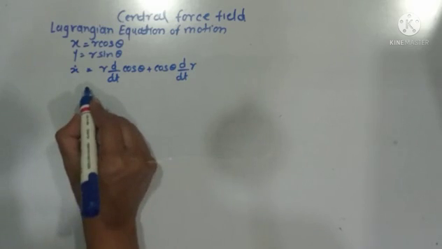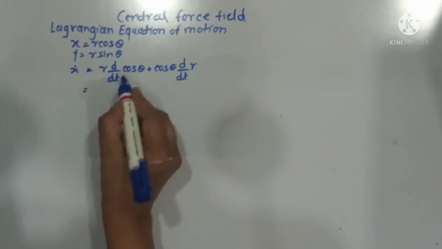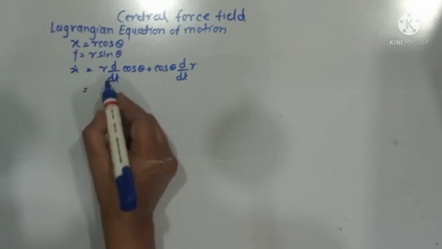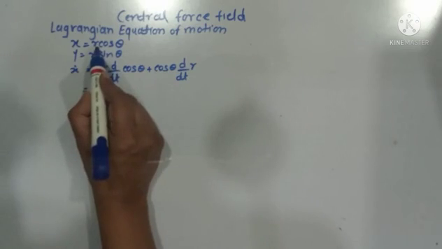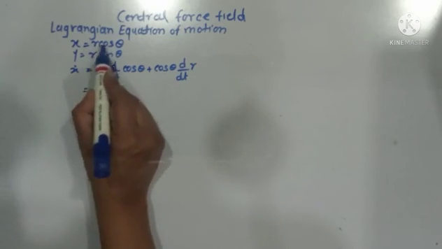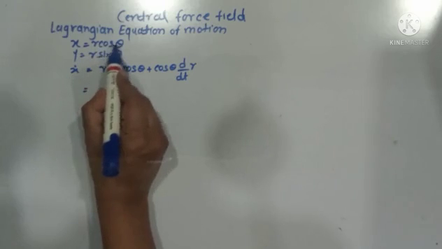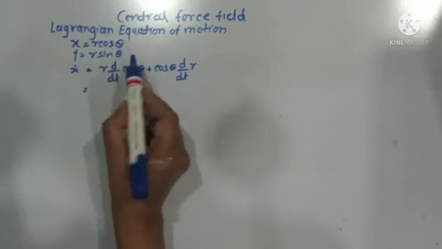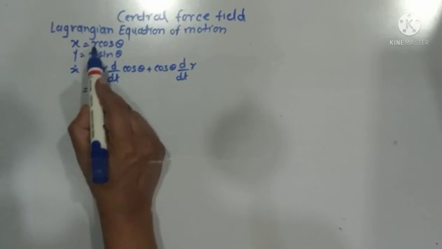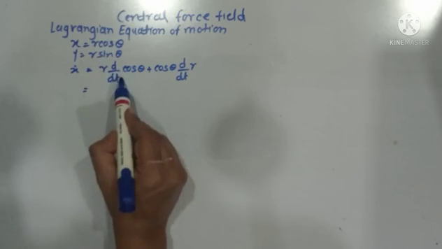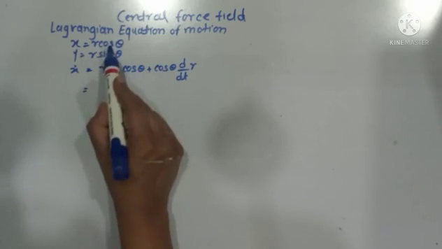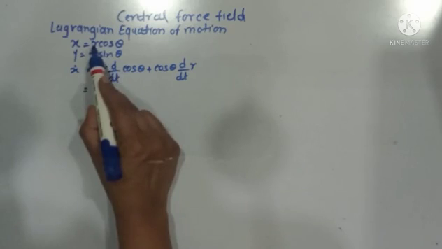When I solve this, we know these things are coming from mathematics. Whenever you want to take the derivative of two terms multiplied, the product rule is applied, in which we take the first term multiplied by the derivative of the second term plus the second term multiplied by the derivative of the first term.